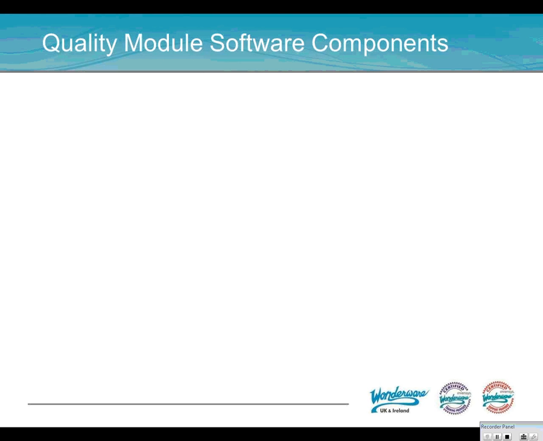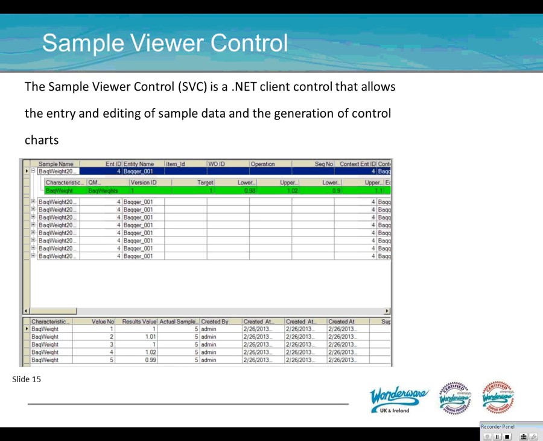We look at the components that are supplied with the quality module software. First of all, we have a .NET control, which is the sample viewer control. And this we can build into the operator HMI to prompt the operator when samples are due, and also give him forewarning of when samples will be required in the future.